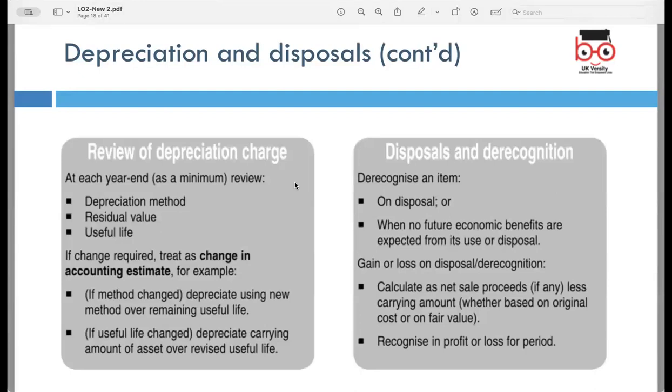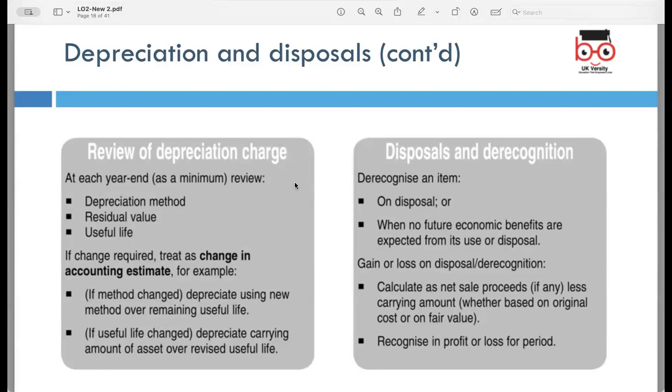So each year, the depreciation method, residual value, and useful life of assets should be reviewed. Any necessary changes should be treated as changes in accounting estimates, like changes in methods and changes in useful life.